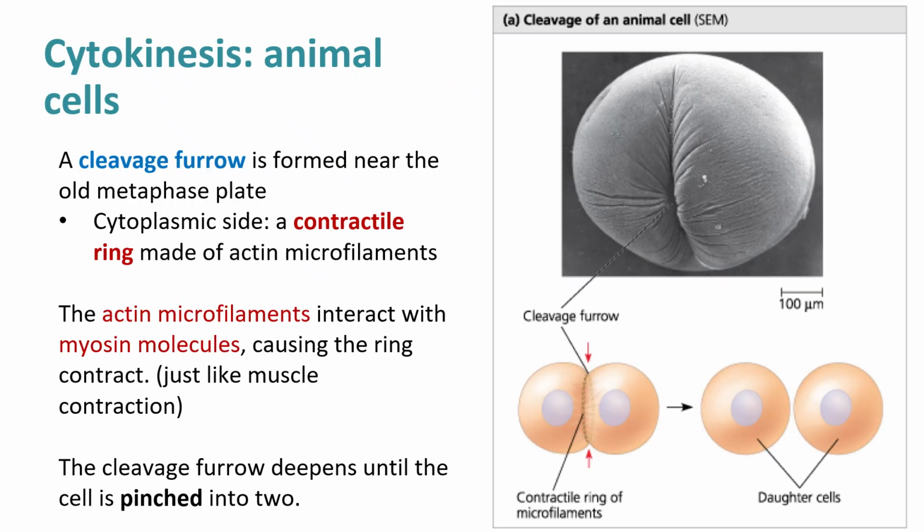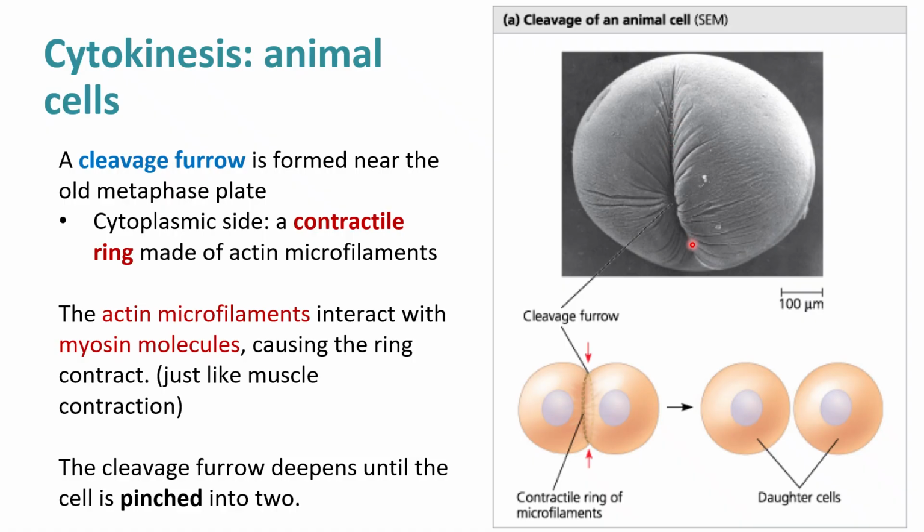So after the chromosomes have been separated and new nuclear envelopes form around the two sets of chromosomes, it's ready for cytokinesis to divide the cell into two. So cytokinesis occurs differently in animal cells and plant cells.